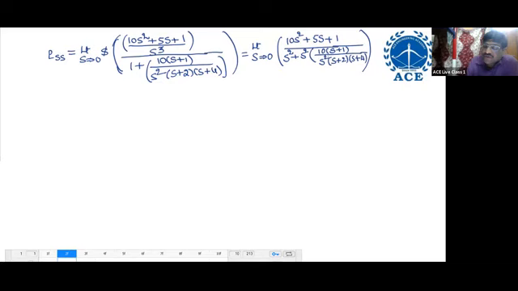Now the S square cancelled, and put S tends to 0. Now what is the answer? Tell.